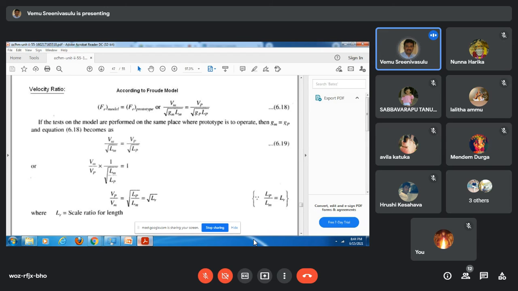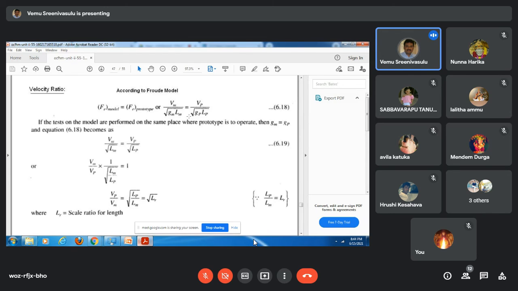If the test and the model are performed at the same place where the prototype is to operate, then both Gm and Gp are equal, right? So the G on the prototype is equal to the G on the model. Okay. I mean, if you are conducting the same experiment at the same place, then the G will be the same. Okay.